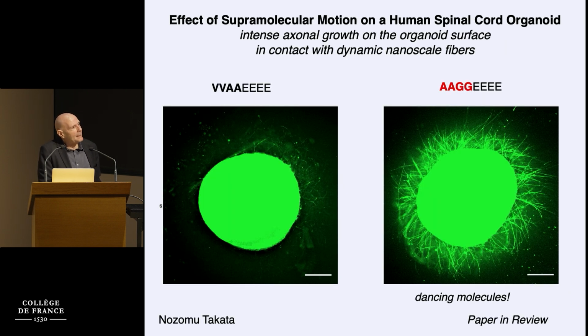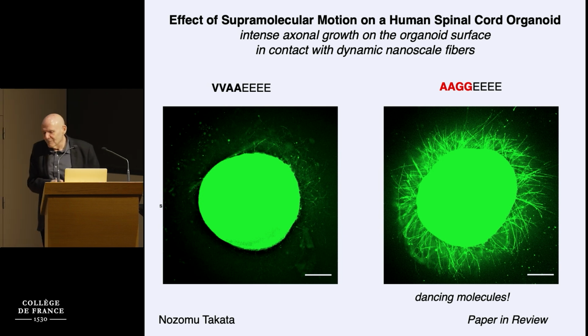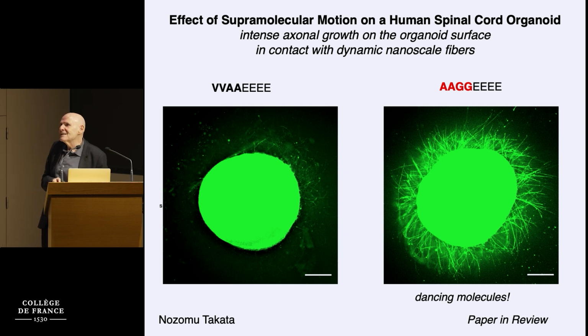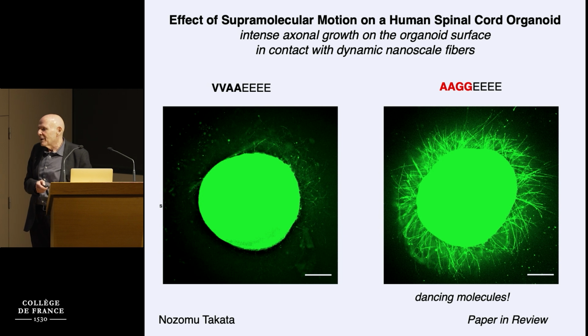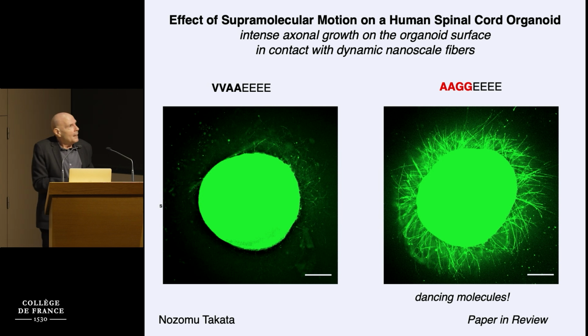And very recently, and by the way, this is how the system is known by patients of spinal cord injury, because that's the way it was advertised in a BBC World News program when I published the paper, and so it stayed as the dancing molecules.